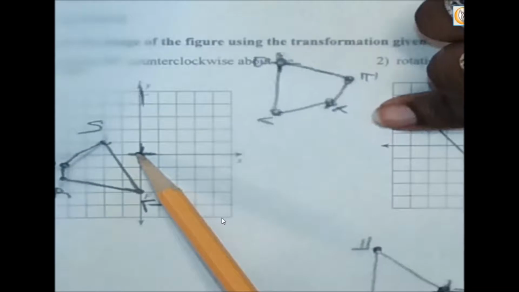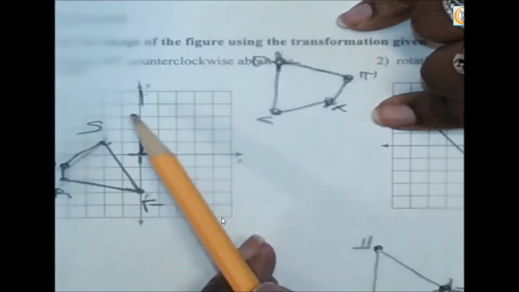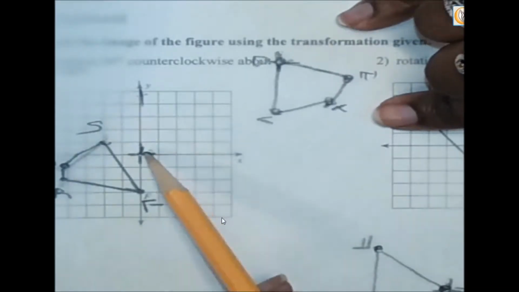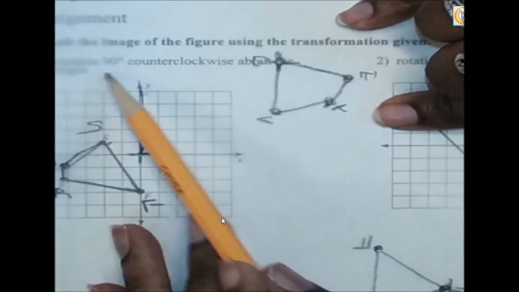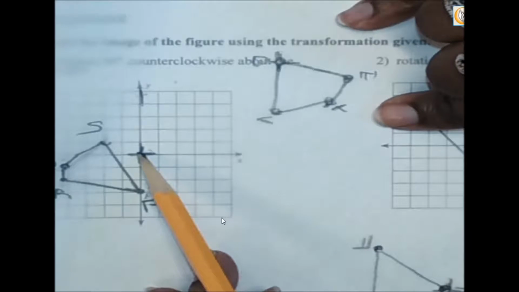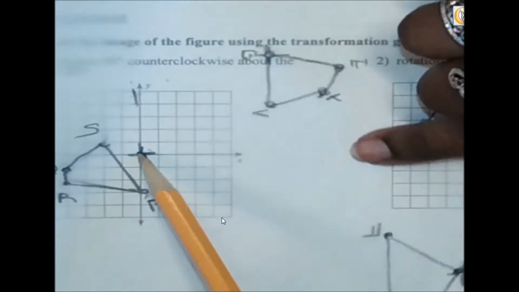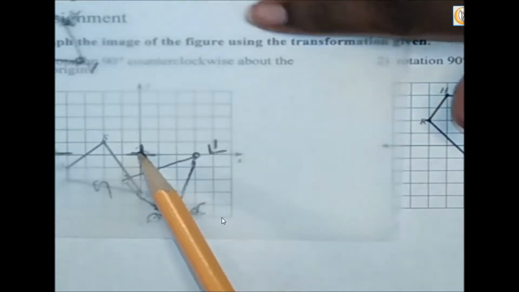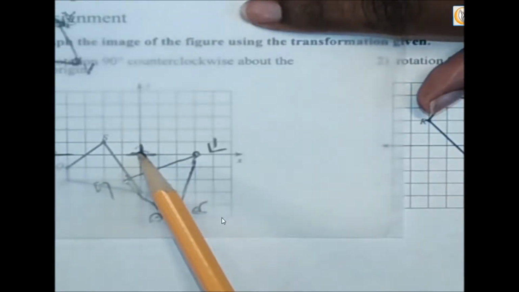So watch. I drew the figure, I drew the origin, and I also drew my y-axis. And the direction says 90 degrees counterclockwise. So I hold my point here, and I turn counterclockwise until I get back on the x-axis.